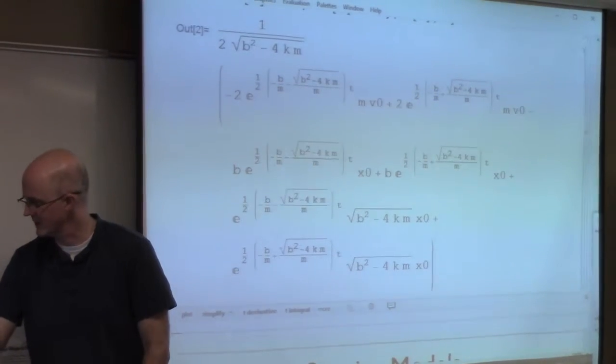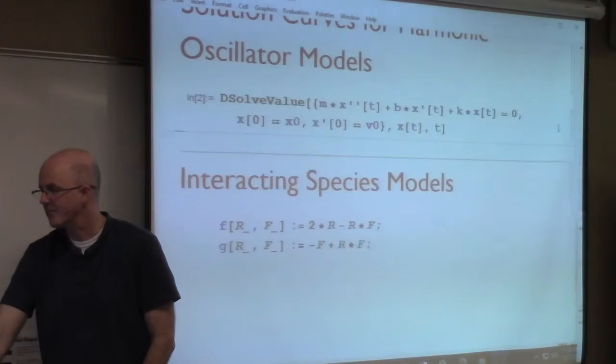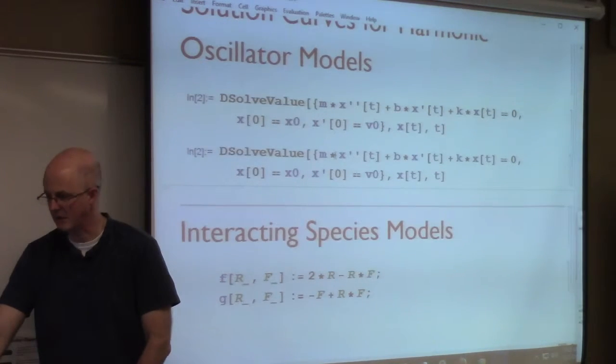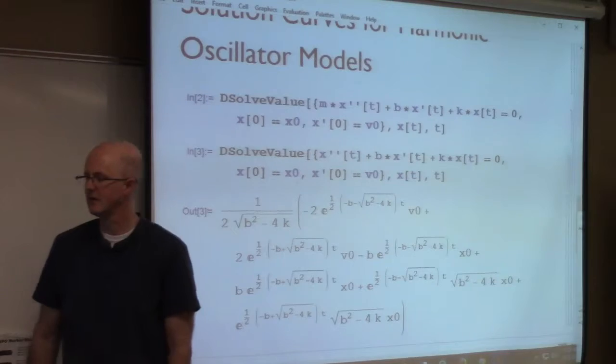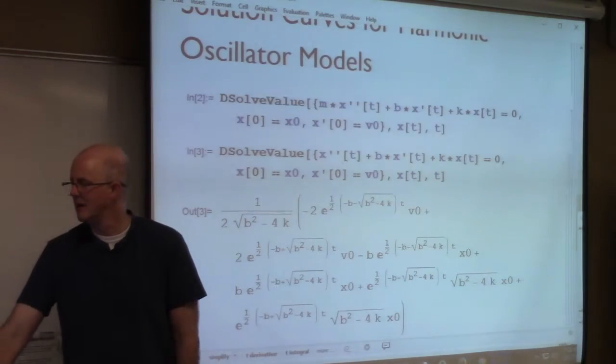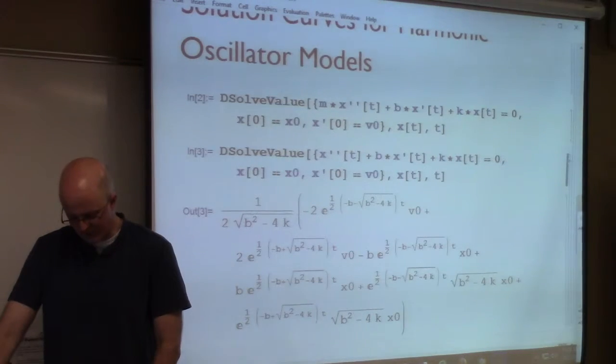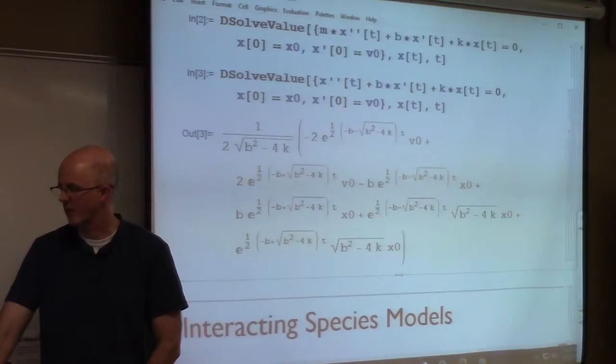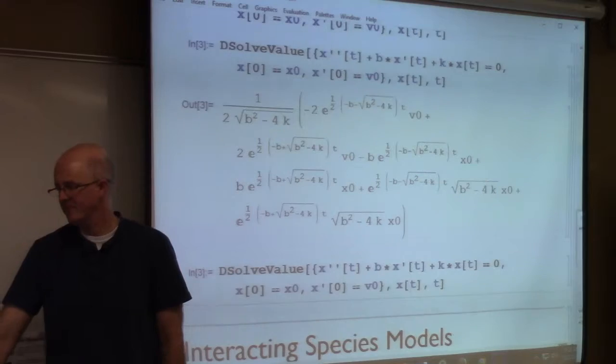But in general, it's pretty nasty here. We can make things look a little simpler if we make the m equal to 1. That's a little bit simpler looking. And of course, in various situations, you can plug in certain values for, in this case, b and k.